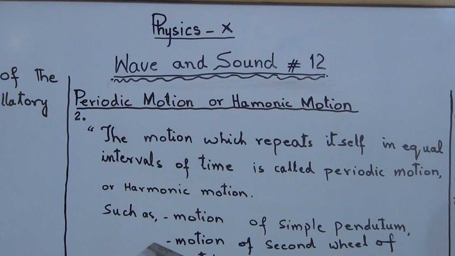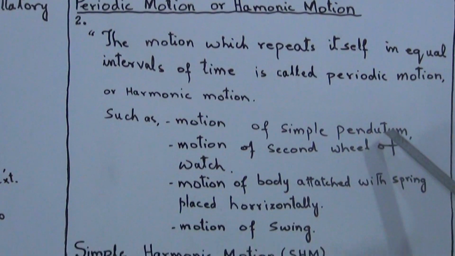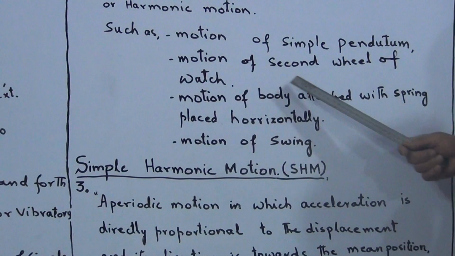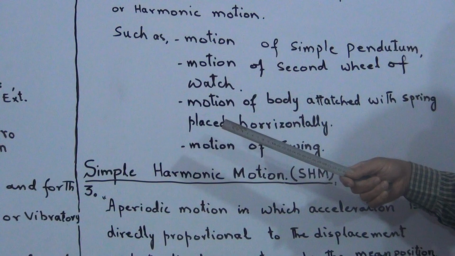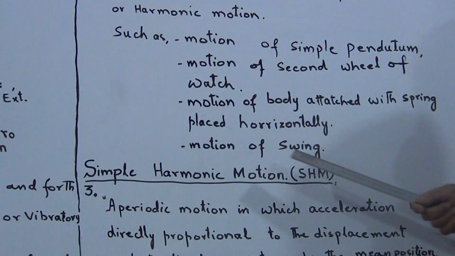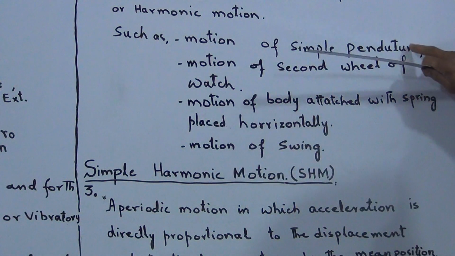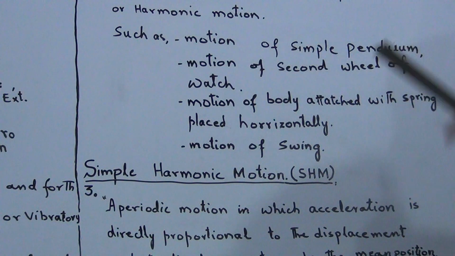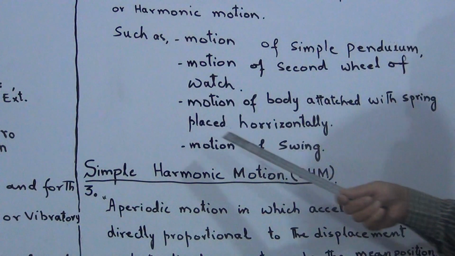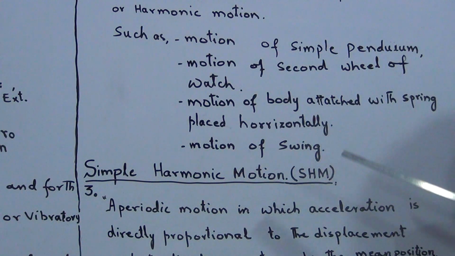Such as, for example, motion of a simple pendulum, motion of the second wheel of a watch, motion of a body attached with a spring placed horizontally, motion of a swing. All these motions are harmonic motion or periodic motion.